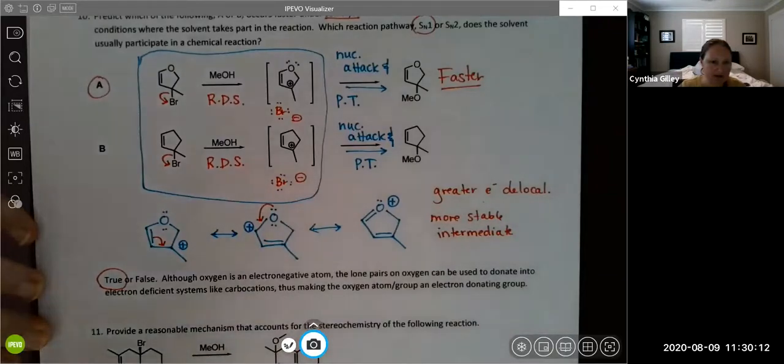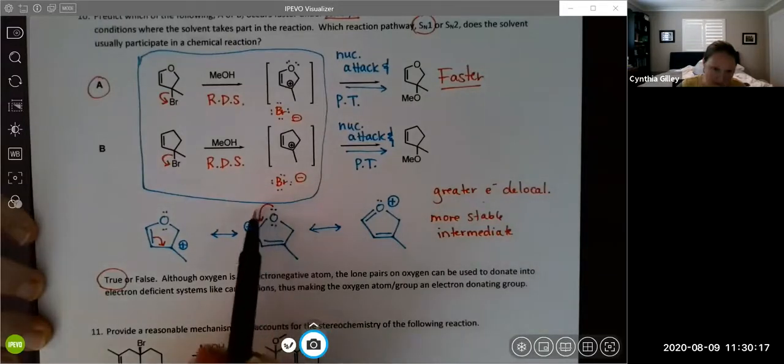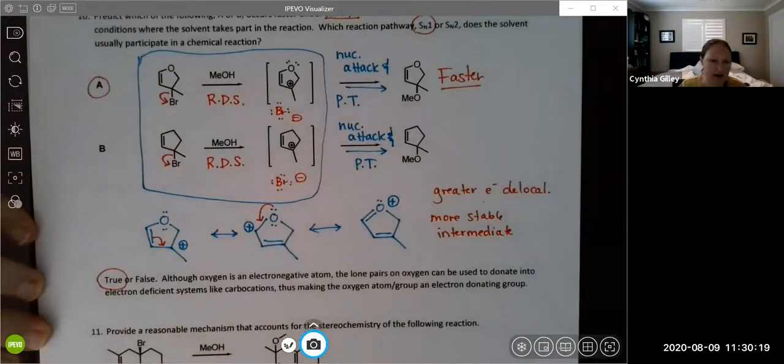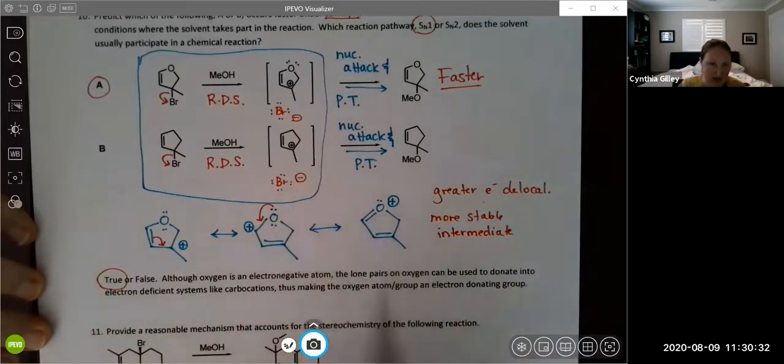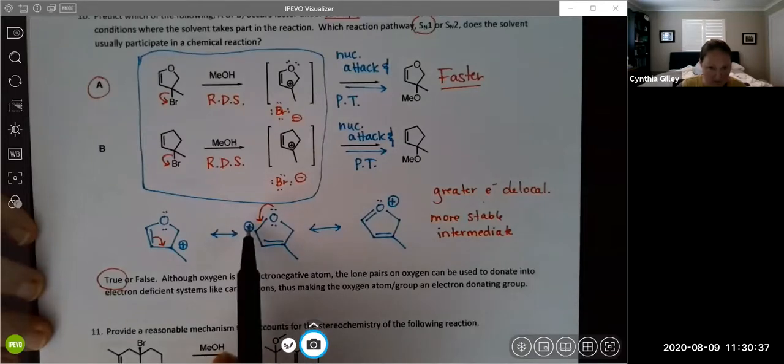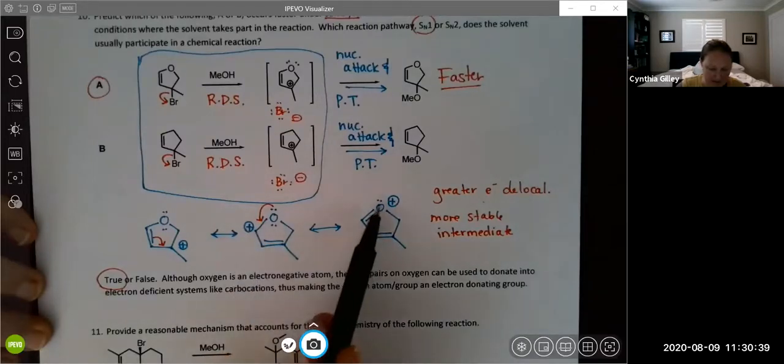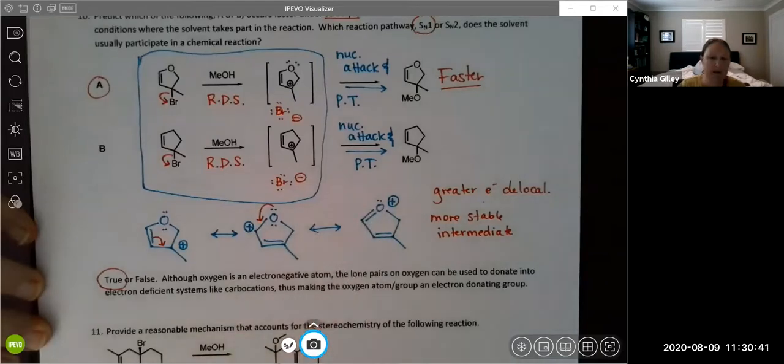So inductively, the oxygen withdraws electrons, but through resonance, or the pi system, it donates electrons. Resonance is usually a more dominant factor compared to induction. So yes, it withdraws electrons through the sigma bond, but it donates electrons through the pi bond. It overall helps make this more stable by delocalizing some of the pi electrons, even though it is withdrawing through the sigma bond.